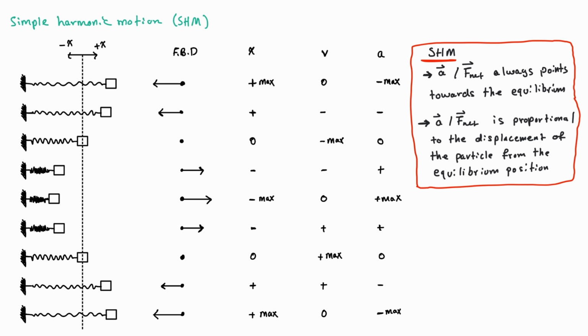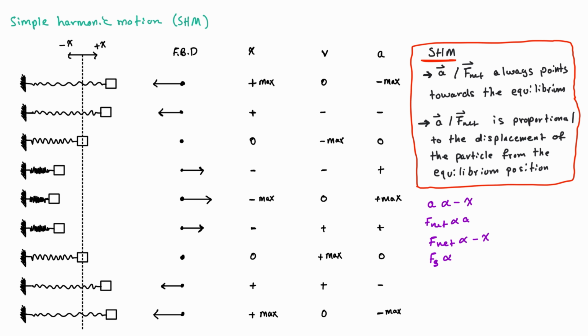So we know that based on this idea, acceleration is proportional to x, but the direction is always in the negative direction. And if you remember from the force of a spring, we know that F net is also proportional to the acceleration. So F net in this case will be proportional to negative x. And we know that for the net force in this specific spring, it is actually equal to the spring force.